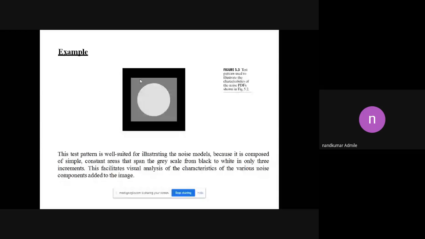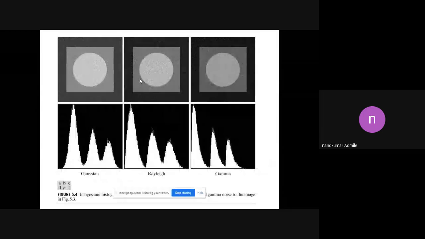So here we consider one image which consists of all the noises. If we simulate this image, we can observe the various noises in that image. So move towards the next slide. We can observe the various noises in the image.